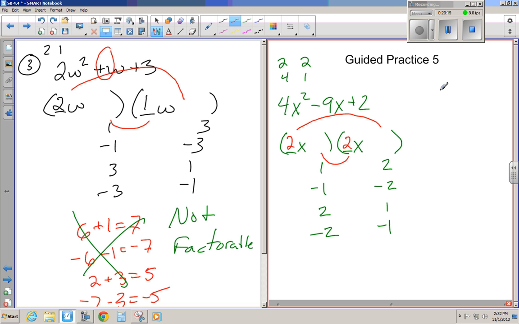That's 2 times 2. 2 times 2 is 4, plus 2 is 6. So the next one would give me negative 6. 2 times 1 is 2, 2 times 2, 6, and negative 6. None of those give me the 9. That does not mean that this is not factorable, well, yet. It just means that I've now tested and shown that this does not work.